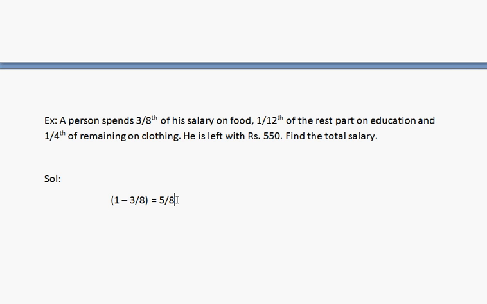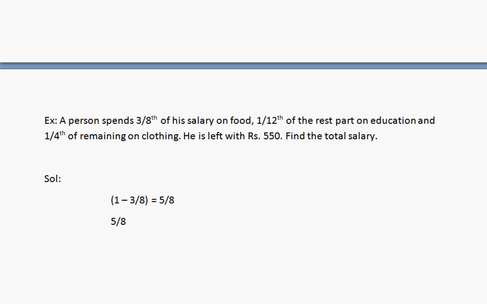Out of this he spent 1/12 on education, and 1/4 of the remaining on clothing. So after spending on food, he was left with 5/8, and out of this 5/8 salary he spent 1/12 on education, right? And what would be the remaining?